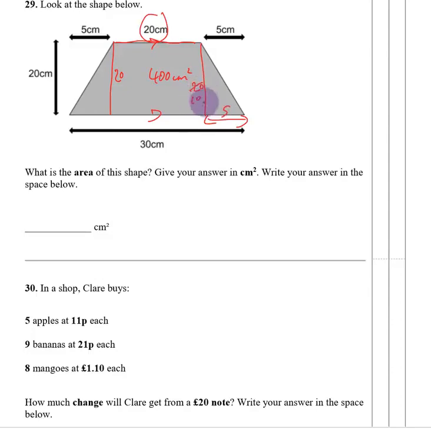I'm going to half here first. I'll do 10 times 5, which gives me 50. And this triangle here is the same size because it's 5 across by 20 as well. So this one here will also be 50. So we've got our 400 centimetre squares, our 50 centimetre squares, and our 50 centimetre squares. Pop them all together, gives you 500 centimetre squares.